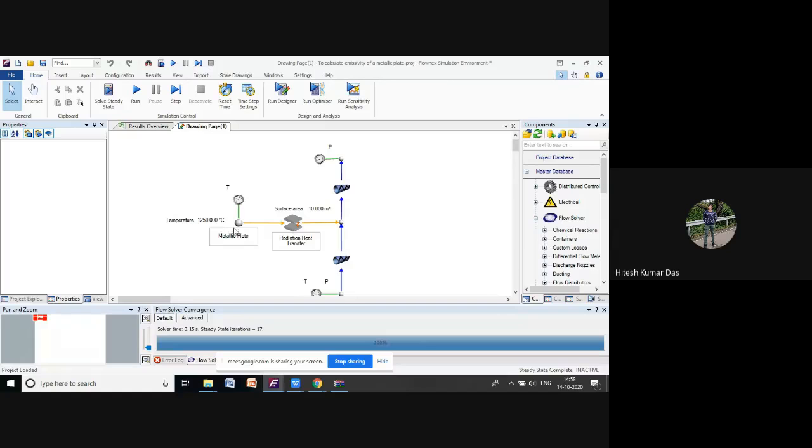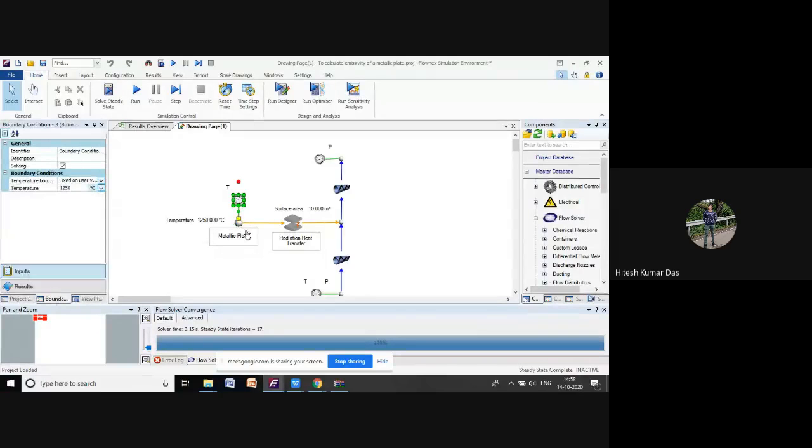This is the network. For the metallic plate, we have assigned one node here. You can see for that node, we have assigned the temperature as 1250 degrees Celsius, and for this metallic plate we need to calculate the emissivity, which is the emissive power of the surface divided by the emissive power of the black body.